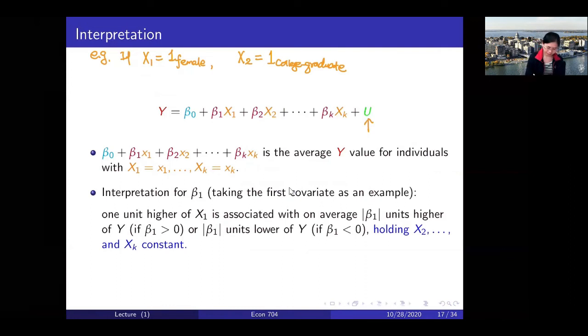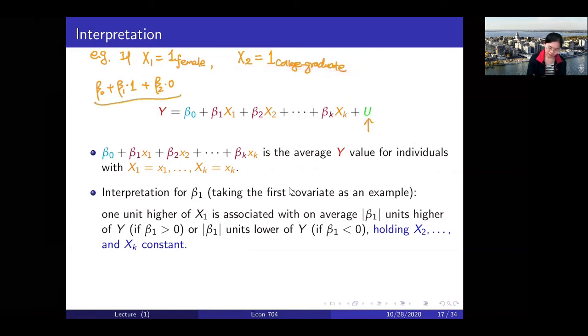Then beta 0 plus beta 1 times 1, which is a realization of x1, plus beta 2 times 0, where 0 is a realization for x2, this realization of this dummy variable.